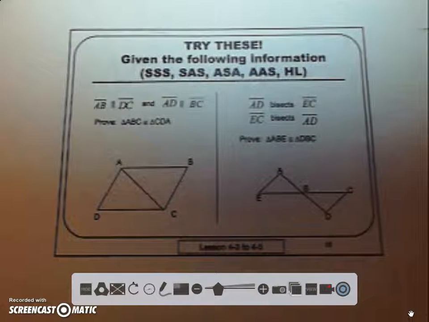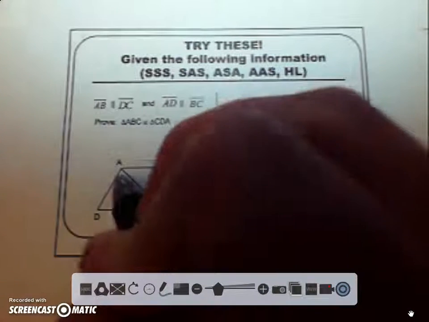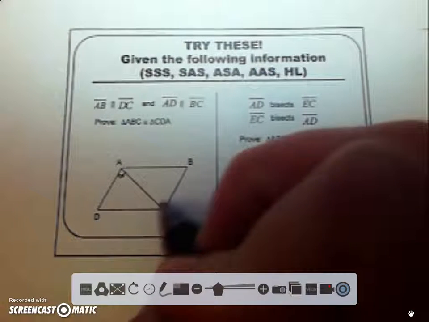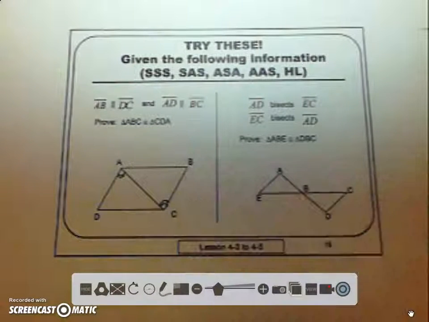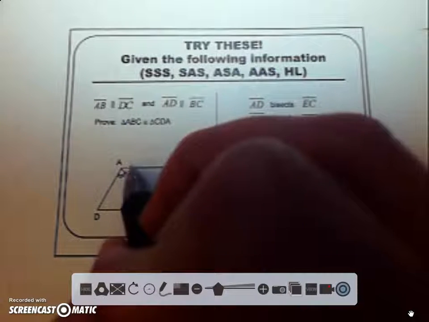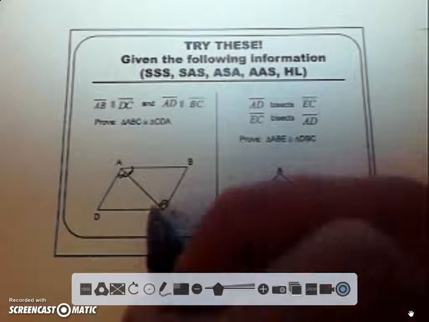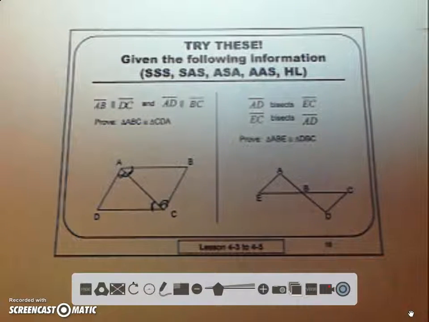So because AB is parallel to DC, that actually means that these two angles, DAC and ACB, are congruent, and then that means that also these two angles, BAC and DCA, are congruent.